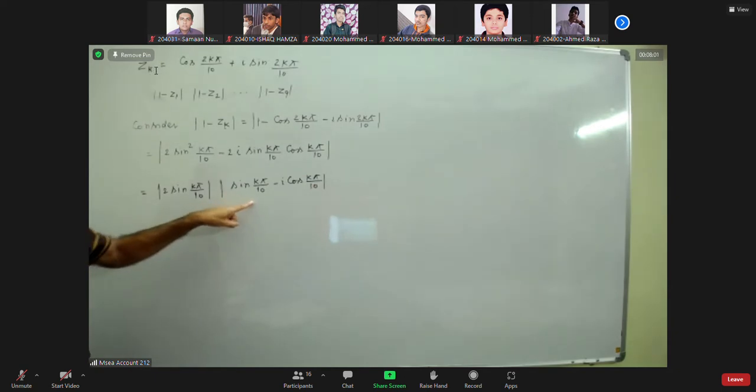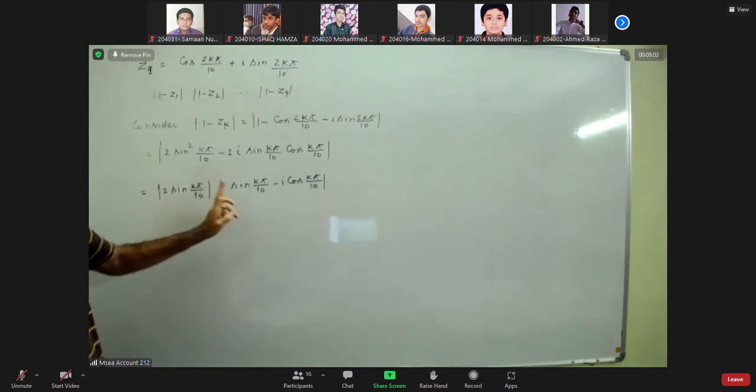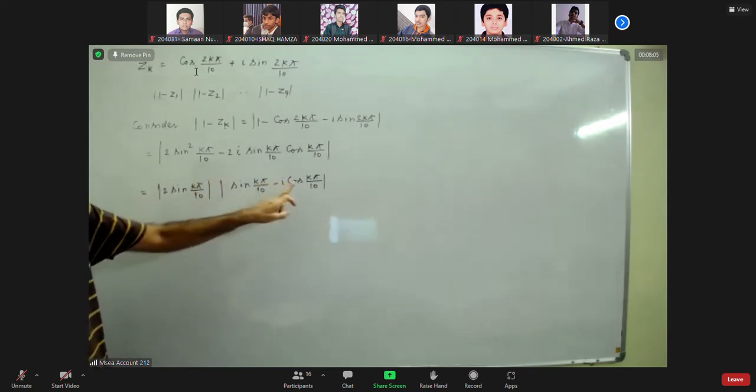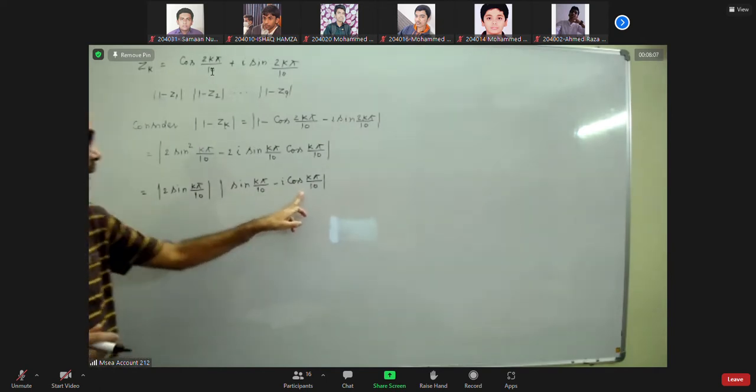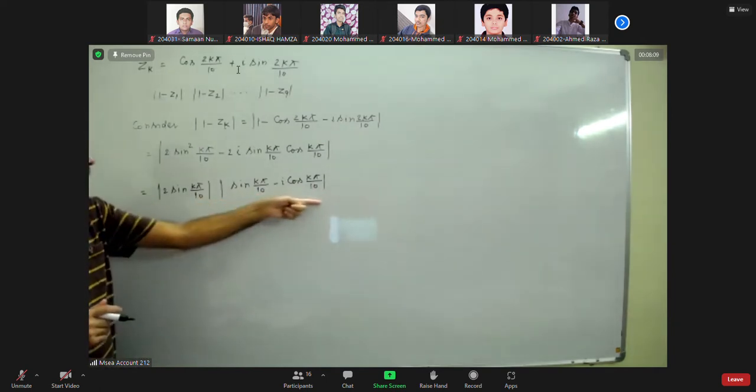Now magnitude of this complex number is 1. Sin square k pi by 10 plus cos square k pi by 10. This quantity is 1.